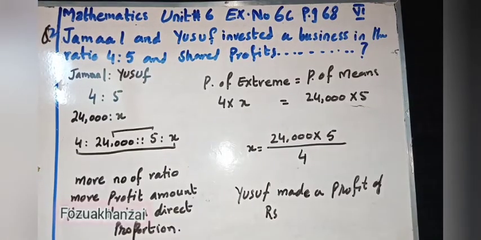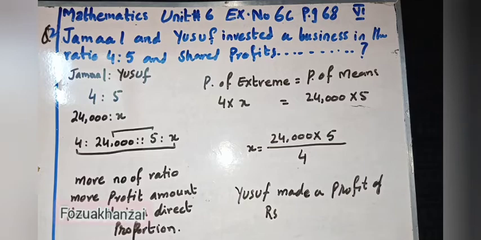Question number 2. Jamal and Yusuf invested in a business in the ratio 4:5 and share profit in the same ratio. If Jamal made a profit of rupees 24,000, how much profit did Yusuf make? The ratio is given, 4:5.